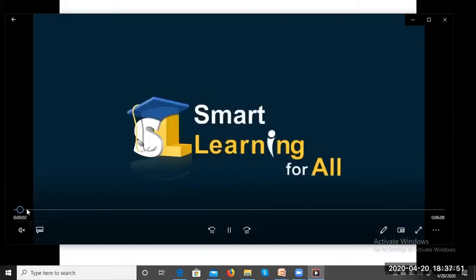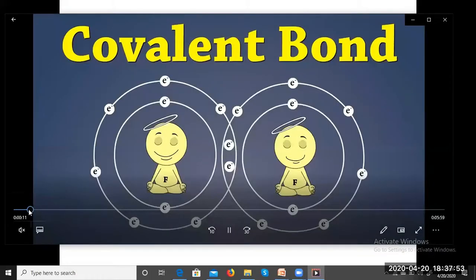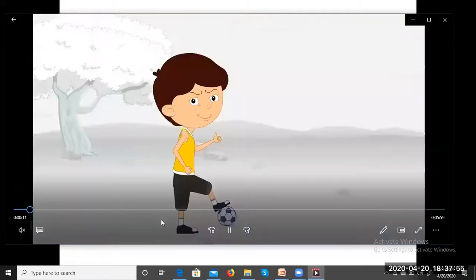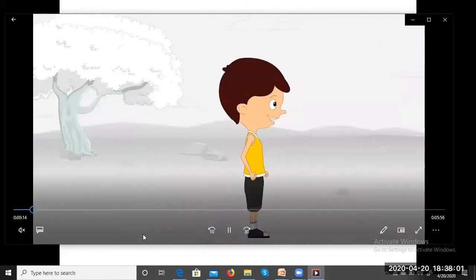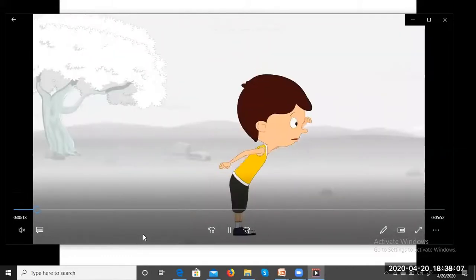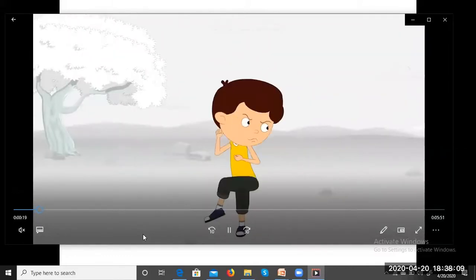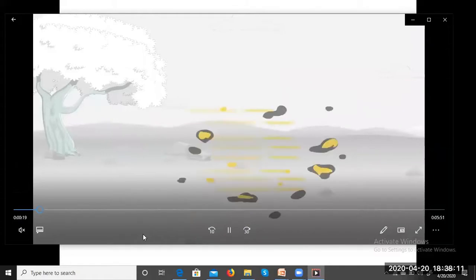Here we have an animated character, Mr. Smart, who is looking for the elements that can make covalent bonds, and he will suggest to them how to share the electrons and make the bonds. It's quite interesting to watch the video and then understand the concept. Let's see what's happening here.